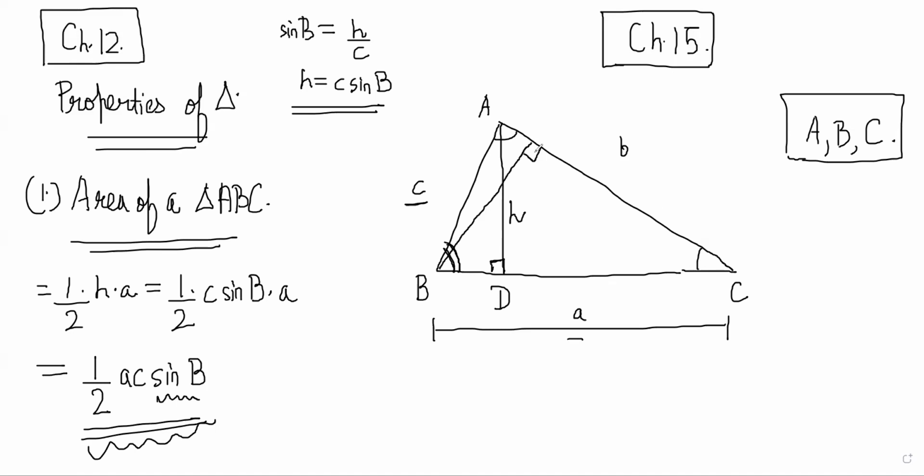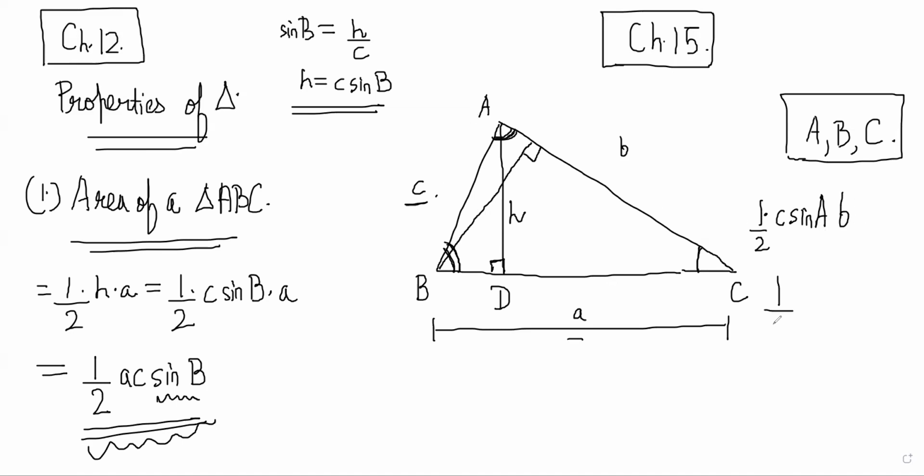This time the perpendicular length can be written as c sin A or a sin C. So half into c sin A into b, that is the area also.